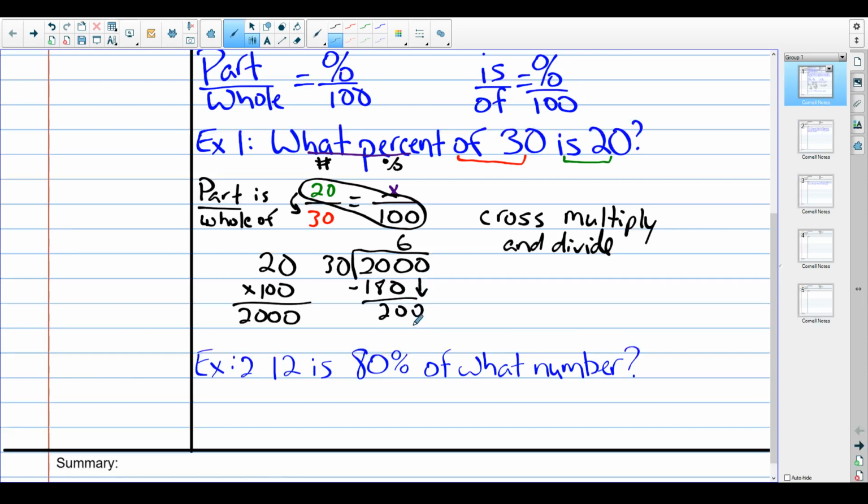And then this just repeats. So we can say this is going to be 66 and then 6 repeating. But since we don't want to put 3 6s in a row, because we'll get a bunch of upset children, let's say instead of 6 repeating, that is 2/3. So what percent of 30 is 20? We can say it's 66 2/3%.